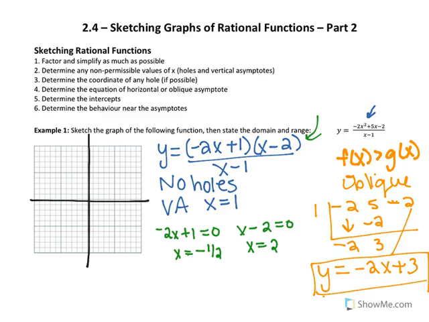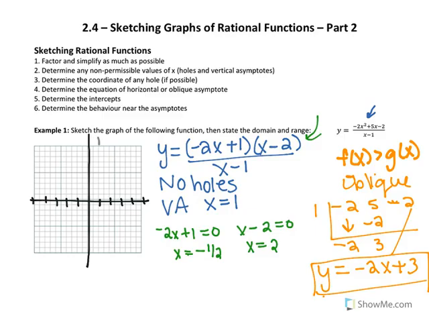Because we're dealing with a half there, let's make every 2 lines worth 1 to make it a little bit easier. So here's our graph, and let's draw in our asymptotes. So we have a vertical asymptote at 1.